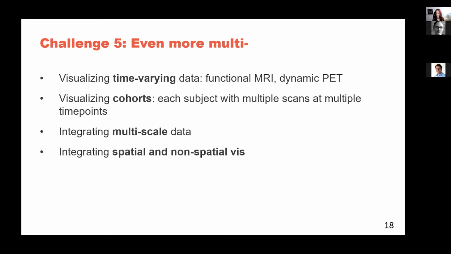When you have cohort data, so it's no longer a single patient that you're looking at, but a whole bunch of subjects together. And maybe they have received some scans over time. Also, this multi-scale is a big challenge, as already discussed by Helwig yesterday in his wonderful lecture. And then there's integrating spatial and non-spatial data visualization.